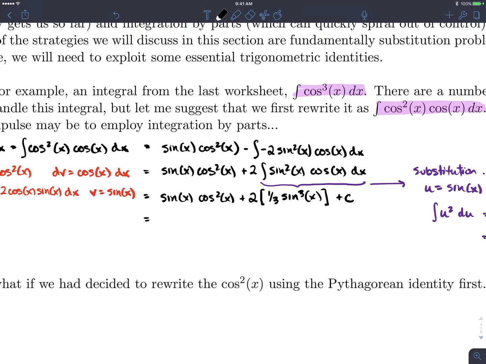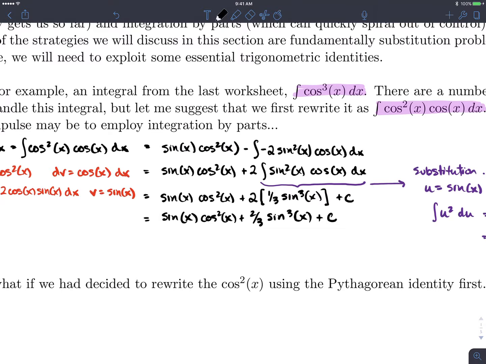So in the end, our resulting integral gives us sine of x times cosine squared of x plus 2/3 sine cubed x plus c.